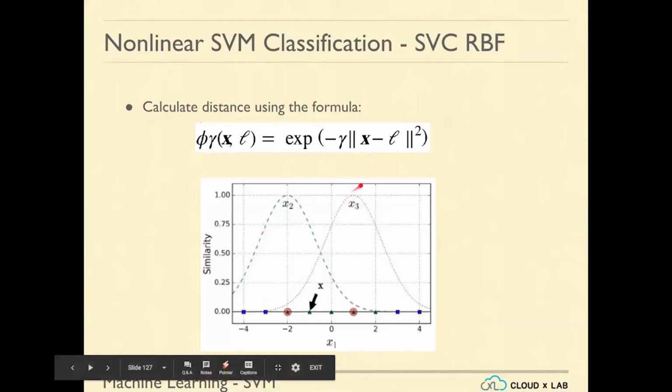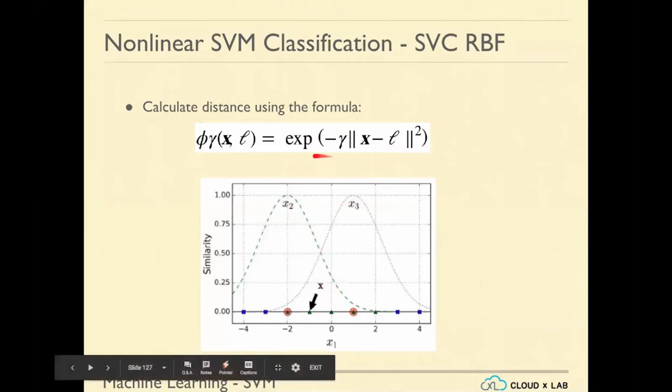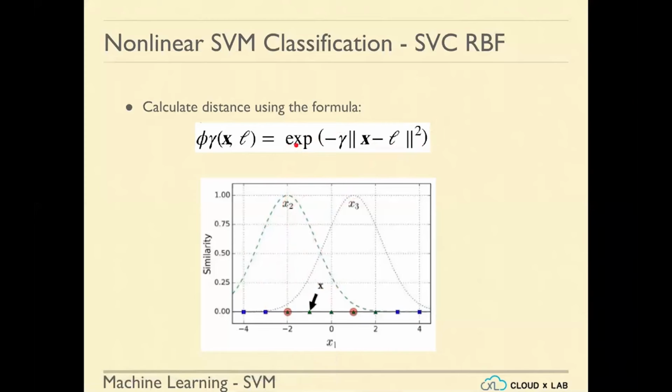We could actually simply do x minus L squared as well, and that could also give us this kind of curve, but we wanted to emphasize it more, therefore we put e to the power of the square of the distance. The double pipe means the L2, remember that Cartesian distance.